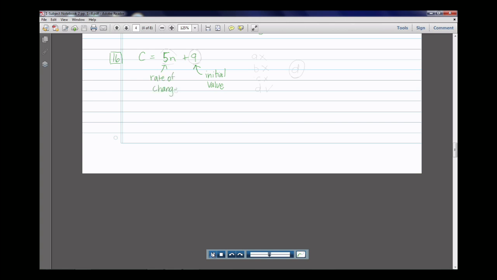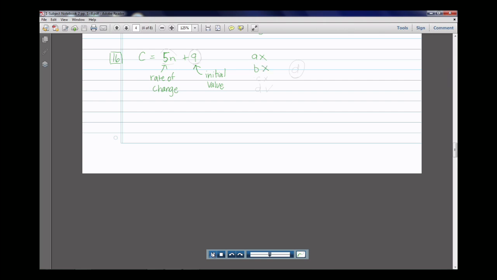If you take a look at the different options, the first one, A, says Becky charges 14 per hour. Well, 14 per hour is a rate of change, and there's no mention at all of an initial value. So the initial value there is 0, so A is out. B says that she charges a flat fee of $14. Well, there's no rate of change there, it's just a flat fee, and that would be a horizontal line through 14, so that's not it.